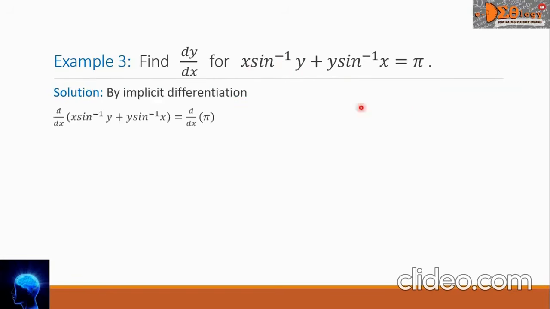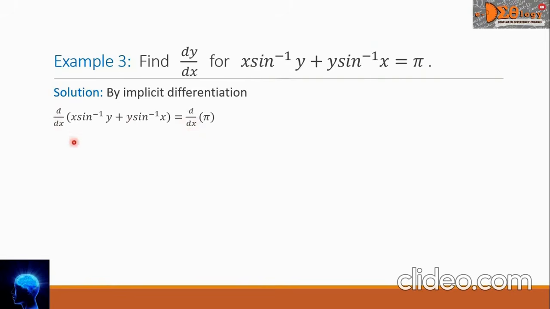So we will apply implicit differentiation. At first, let us show that we're going to take the derivative of both sides of the equation. So here is d over dx of the left side equals d over dx of the right side.